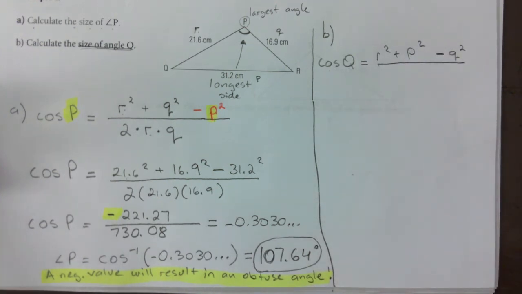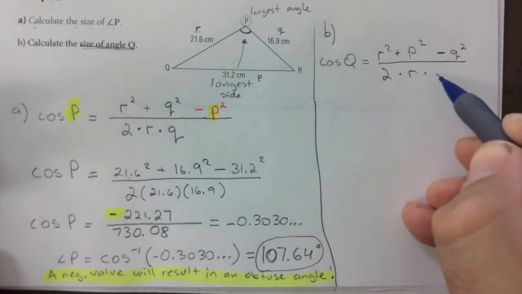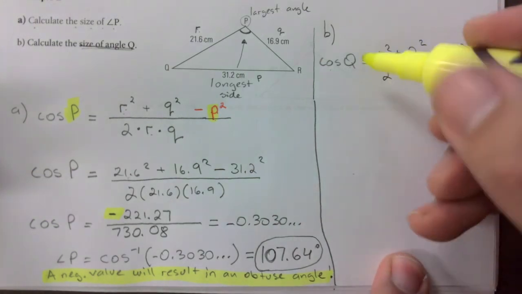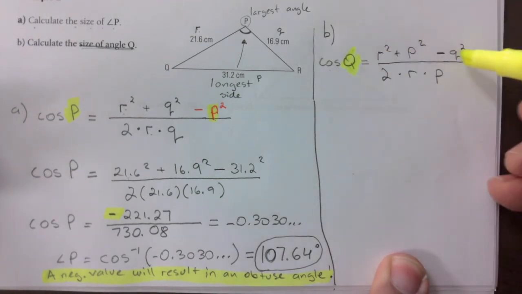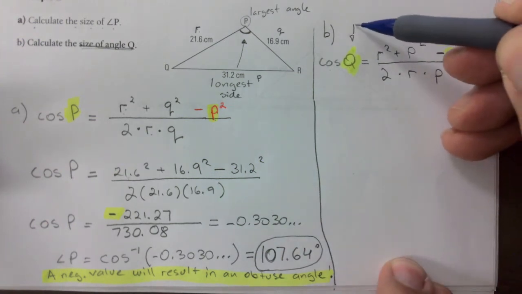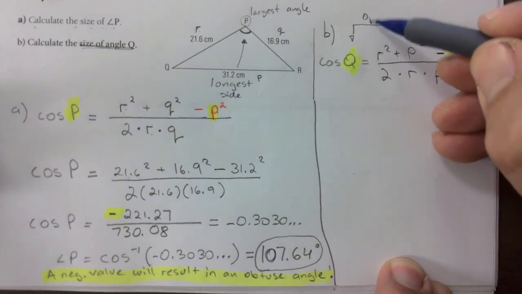You could go PR or RP. And at the bottom, you have 2 times R times P. So your formula is now this. Make sure you highlight angle Q and side Q, and I will just draw an arrow, arrow, opposite to each other.